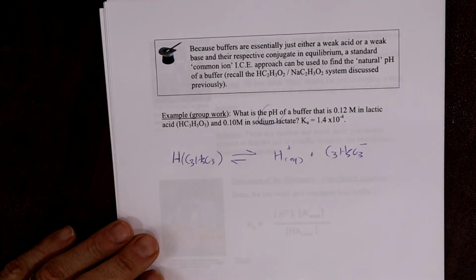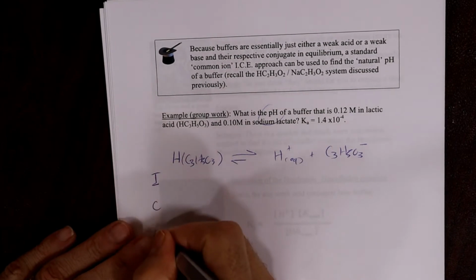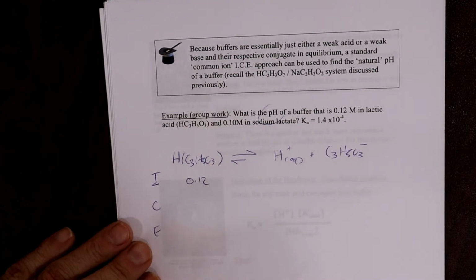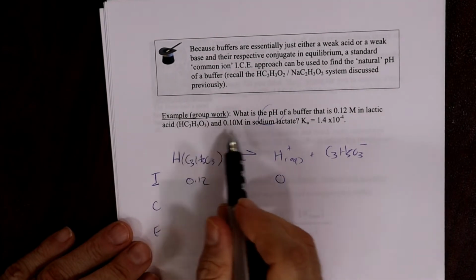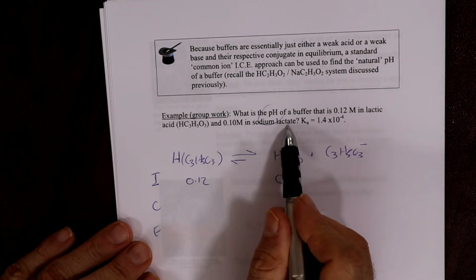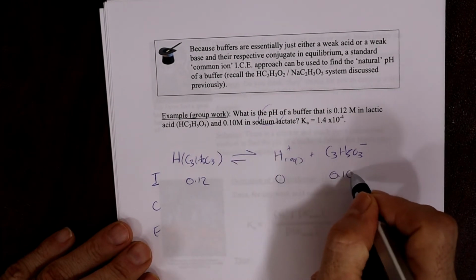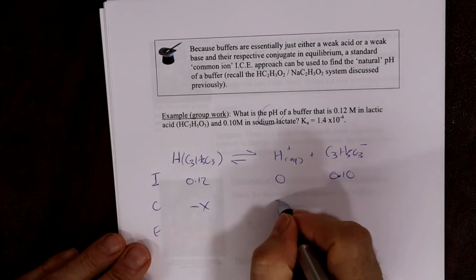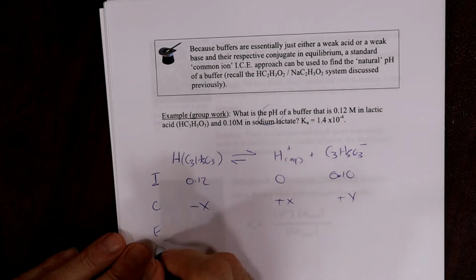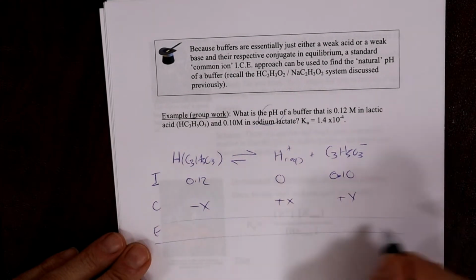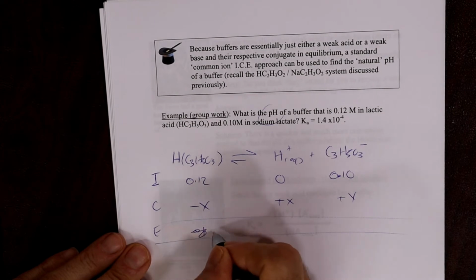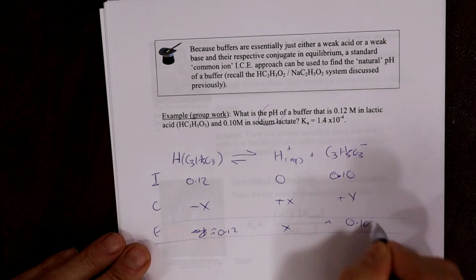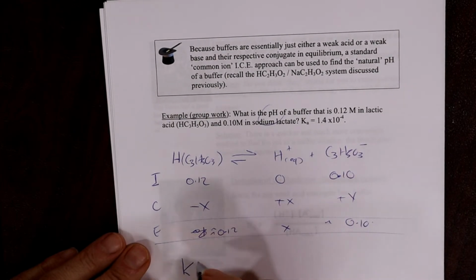Okay, there it is, like a grid, ICE. Initial 0.12, 0, and then, since we have sodium lactate, the same concentration of lactate ion initially, 0.1. So that's our initial setup. Change, usual thing: minus X, plus X, plus X. Apply the weak acid approximation on the fly. Actually the math turns out easy now.